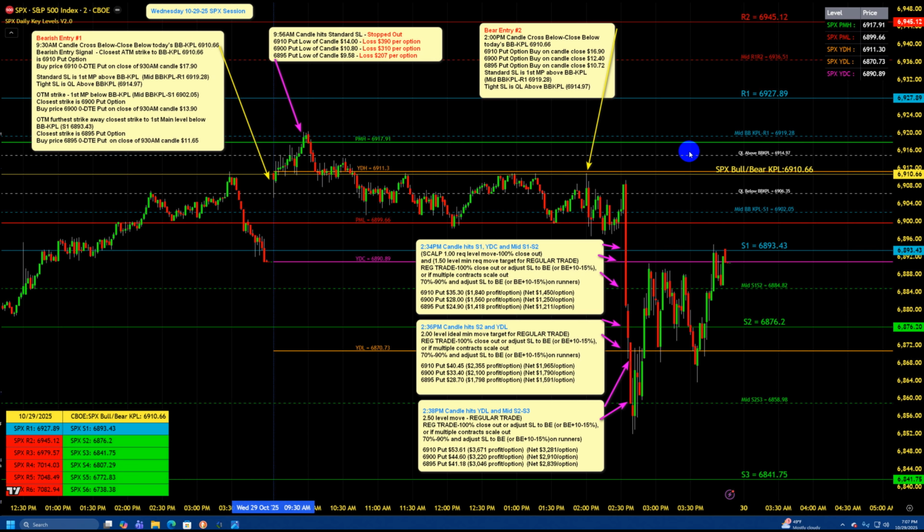Using the historical BBKPL and historical R and S levels feature of the indicator, you can get an idea of what other levels, at least in recent sessions, however many you want to look at, the last 2 or 3 sessions, the last 5 sessions, the last 10 sessions, the last 30 sessions, what have you, normally are providing the best risk reward bullish or bearish opportunities on an average daily session.